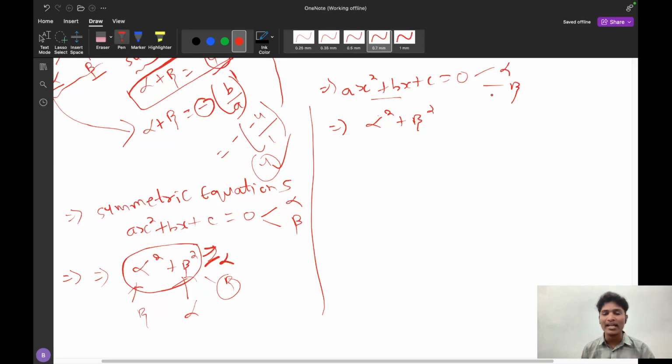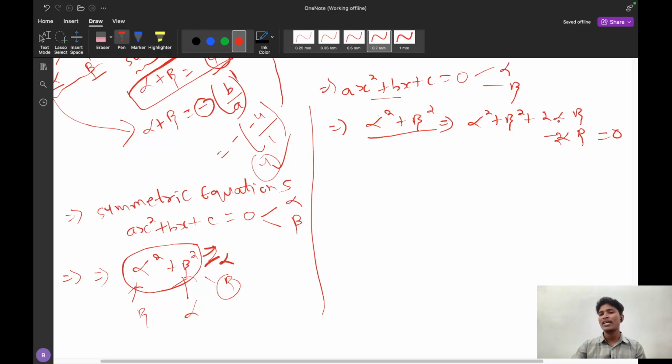But you have to understand that this formula works when you are given the complete numerical equation. If there are variable coefficients, you are not going to get any roots directly. In that case, what do you have to do? Alpha square plus beta square, what can I do here? I can add 2 alpha beta and subtract 2 alpha beta. I can add and subtract.